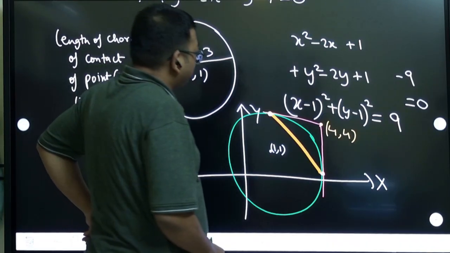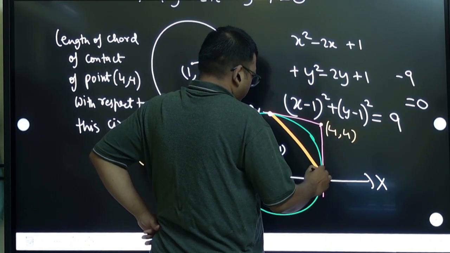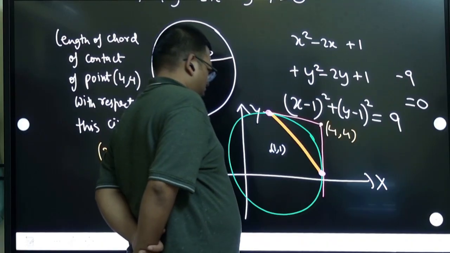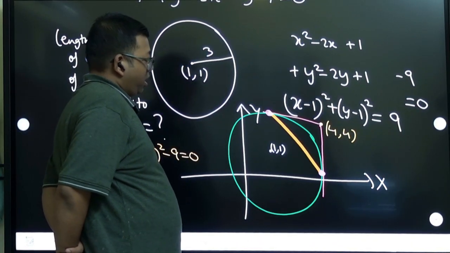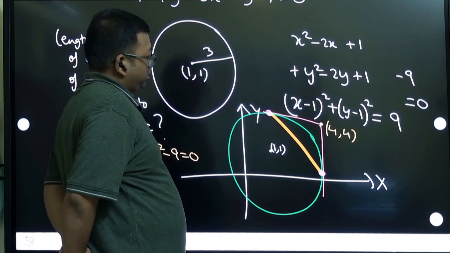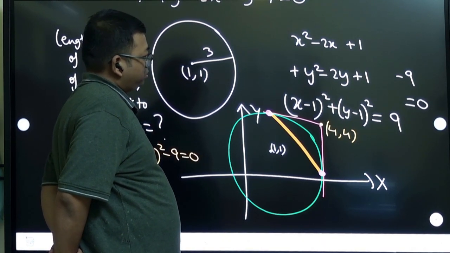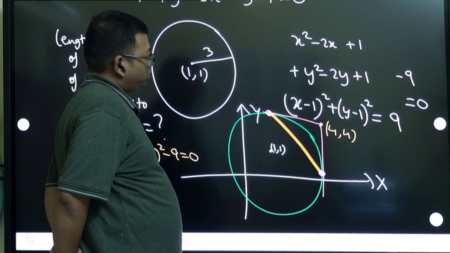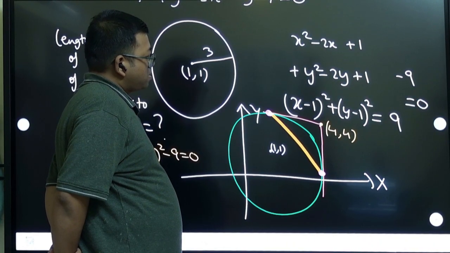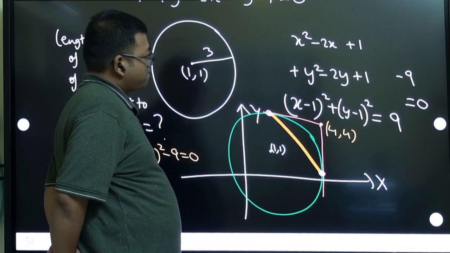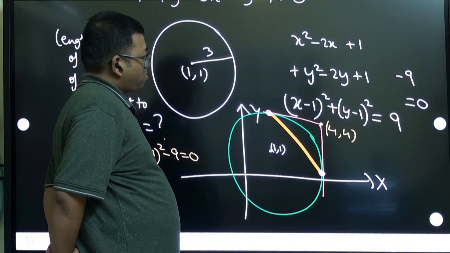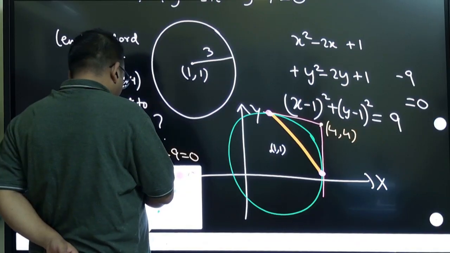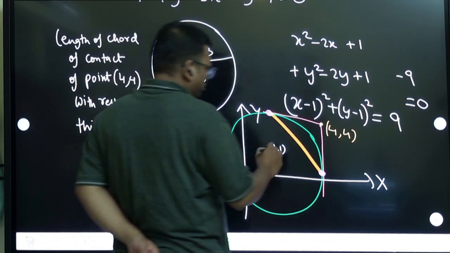If we get any point here, and if we can get these points' coordinates, then we can solve this. But how do we get that coordinate? We can try to join these two points.